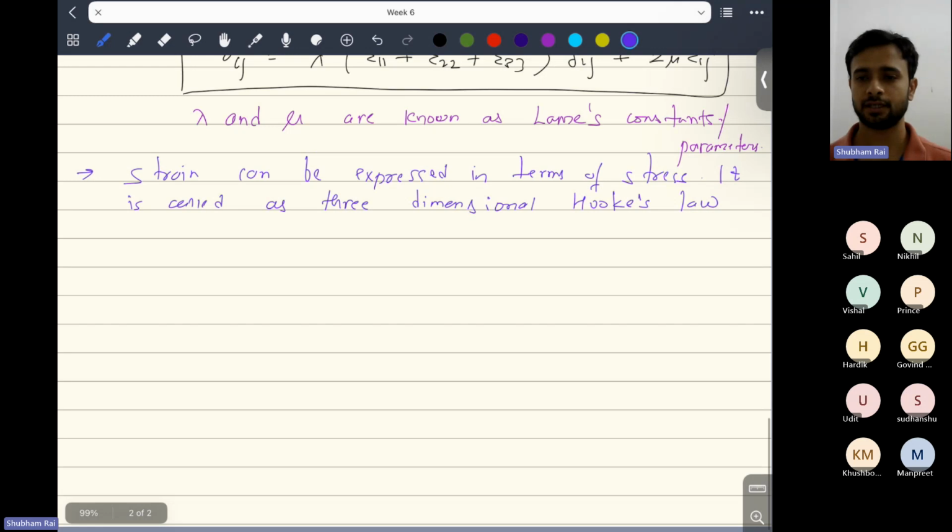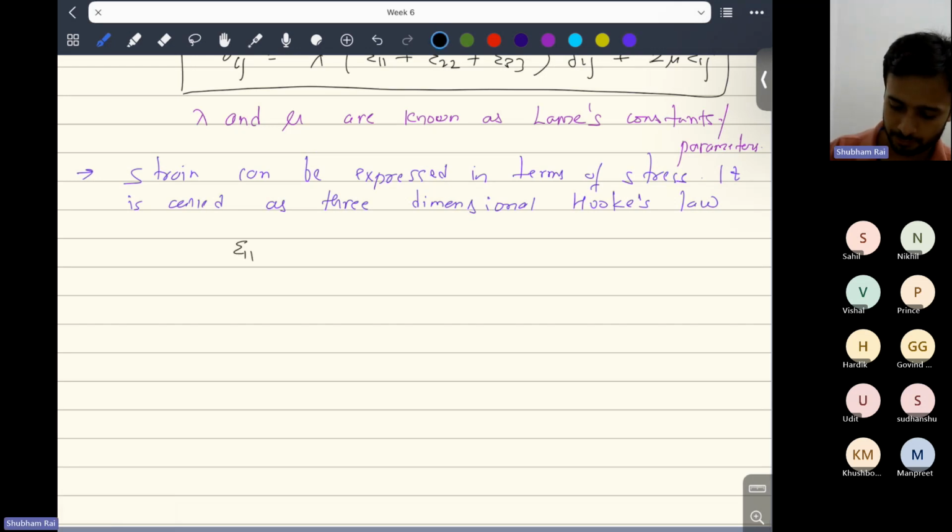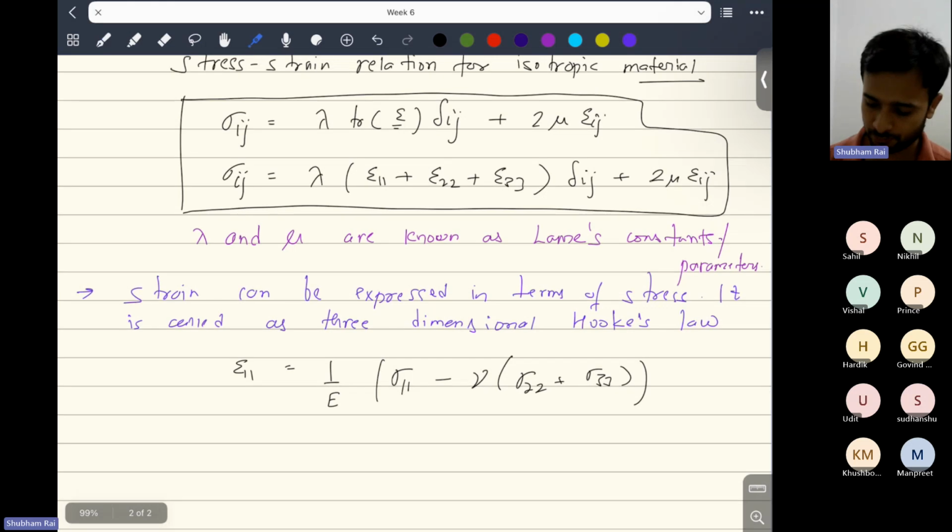So let me write strain in terms of stress. You will have epsilon 1 1 equal to 1 over E, where E is Young's modulus of elasticity, times sigma 1 1 minus nu, where nu is Poisson's ratio. You might be wondering where this E and nu have come from. If you derive strain in terms of stress from this equation, your expression will be in terms of lambda and mu.